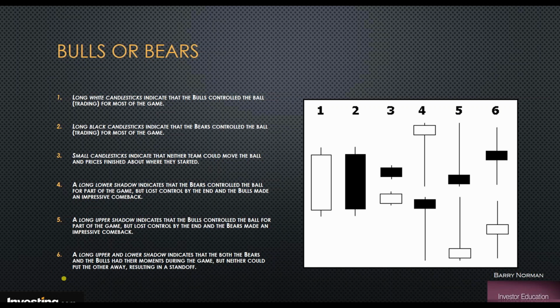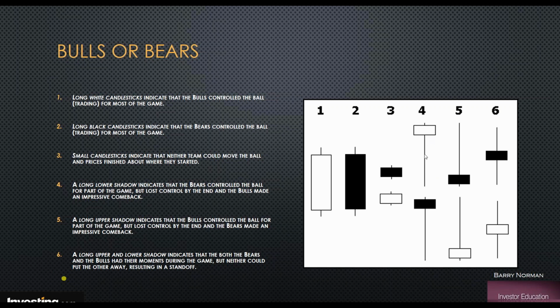Now number 4. Remember, for each candle we have a bullish and a bearish view. So in number 4, we have the bullish control when you have the white candle or the green candle, and then bearish, which is just the exact opposite. Now in number 4, if you notice, the lowest point in the session was extremely low.